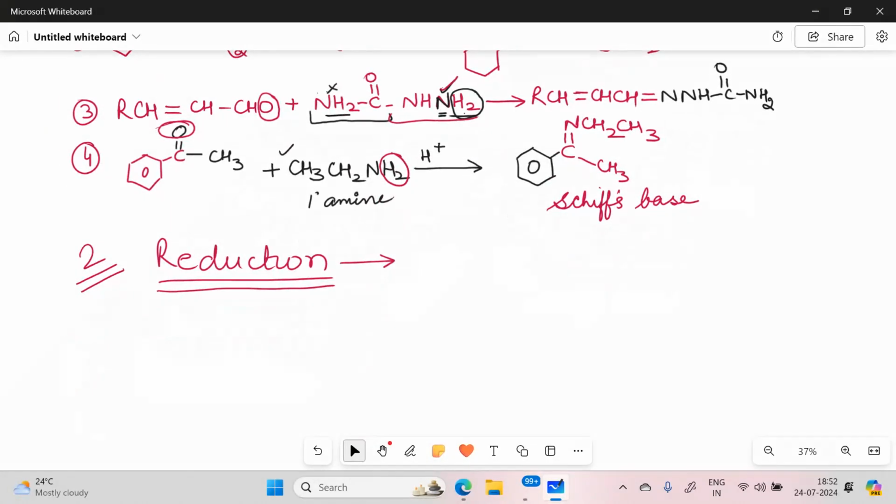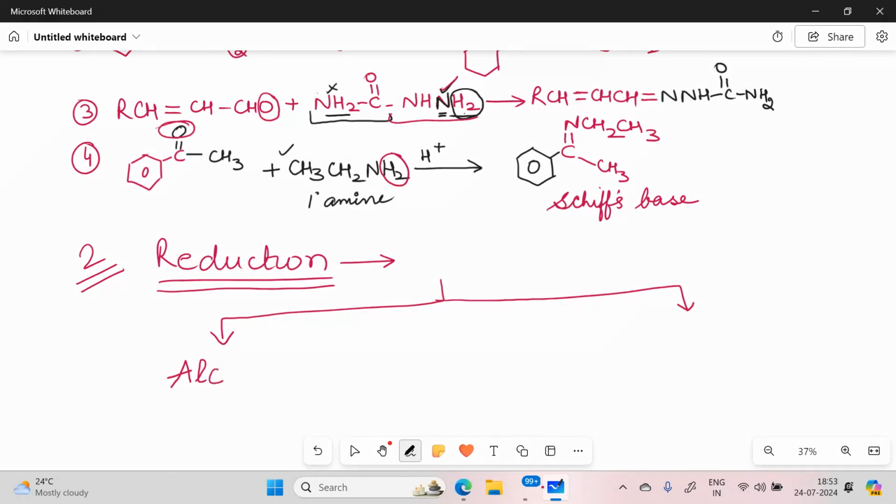Now in reduction reaction, you know that when aldehydes and ketones undergo reduction, they convert into which functional group? Aditi, tell me. Ma'am, for reduction, NaAlH4, right?